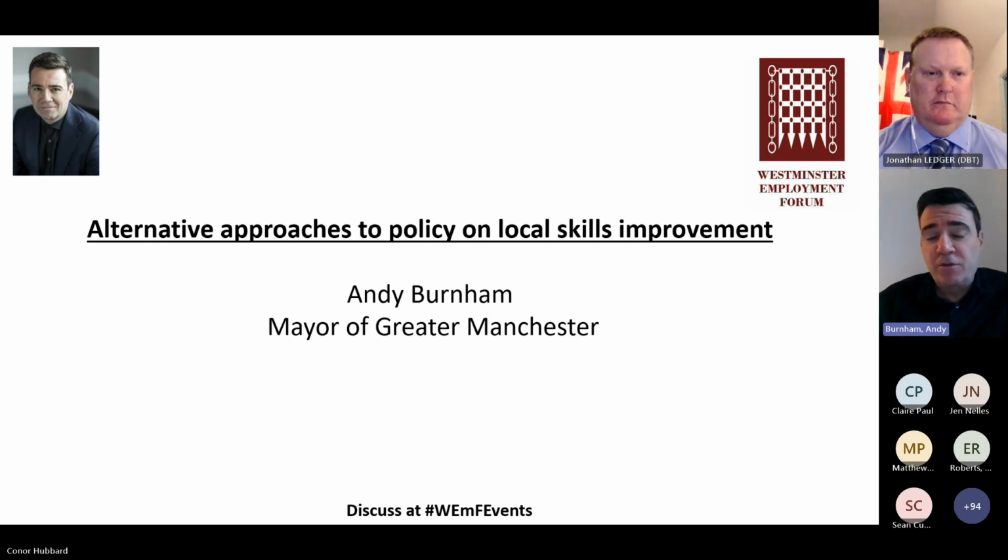We've not had devolved structures, number one. Okay, we've had local authorities, but functional economies exist above the local authority level. So we've not had structures, particularly in England, that have been able to articulate clearly the needs of the local labour market.